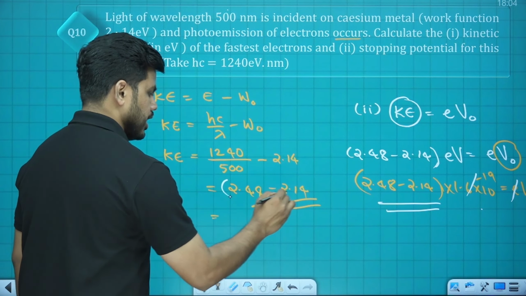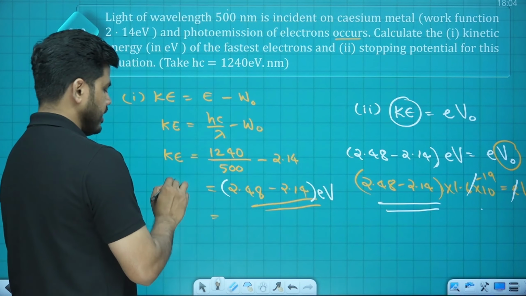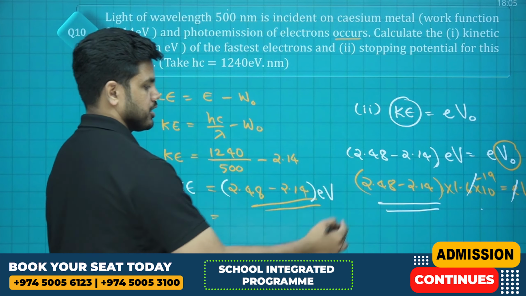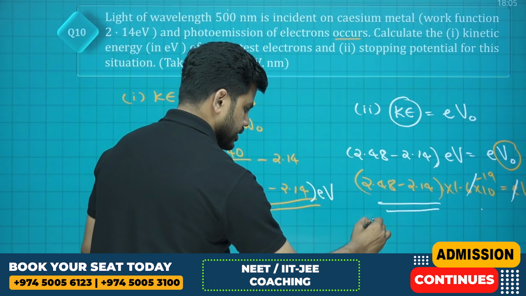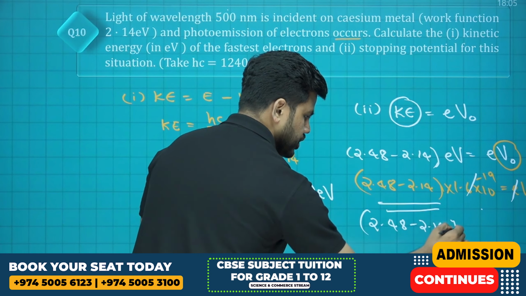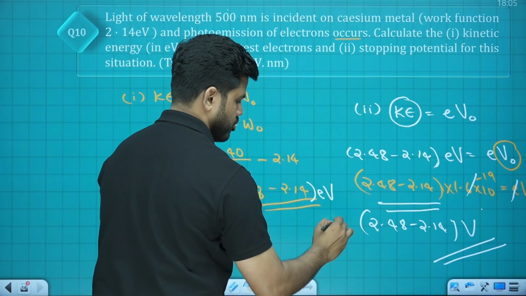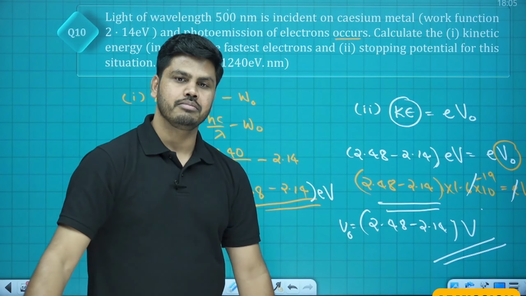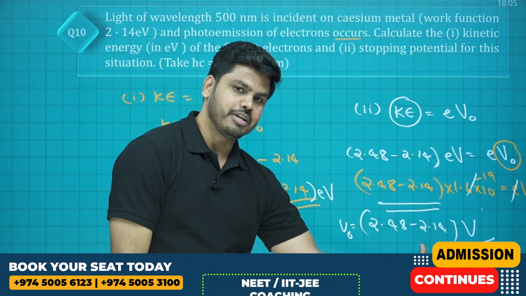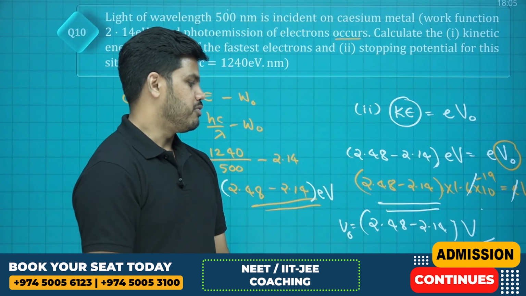So this much electron volt is the kinetic energy maximum, and stopping potential will be the same value, 2.48 minus 2.14, but the unit will be volt. That is the stopping potential. As simple as that. Just cut that E, then that will be converted to stopping potential. That is what we discussed in detail before.